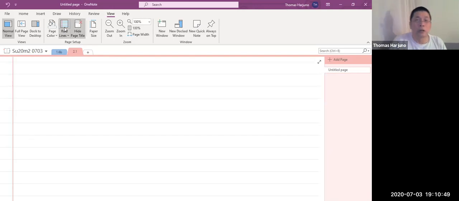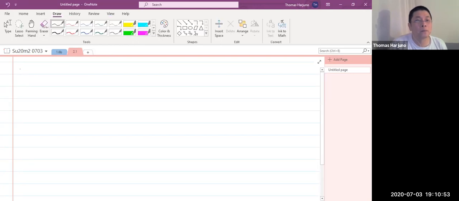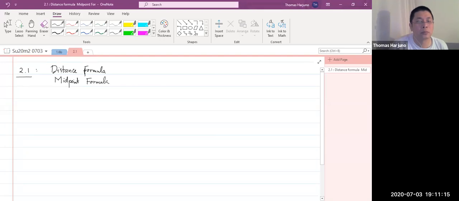In this 2.1, we learn about the distance formula and the midpoint formula. Yes, we have learned these two.